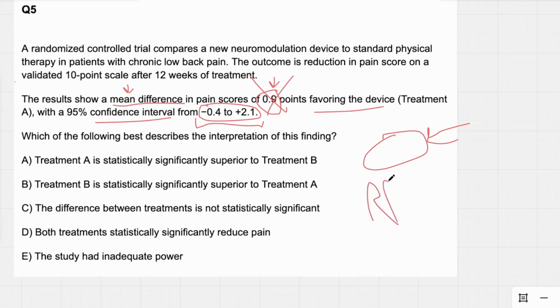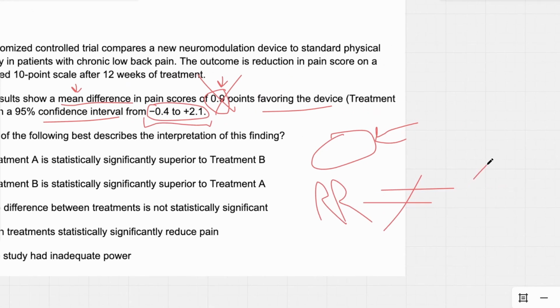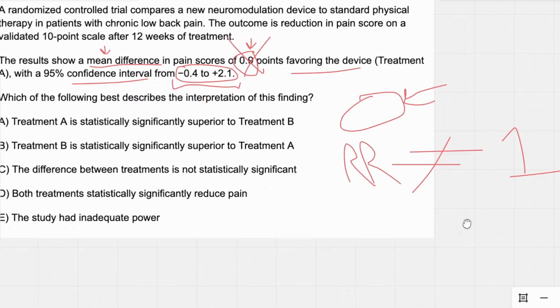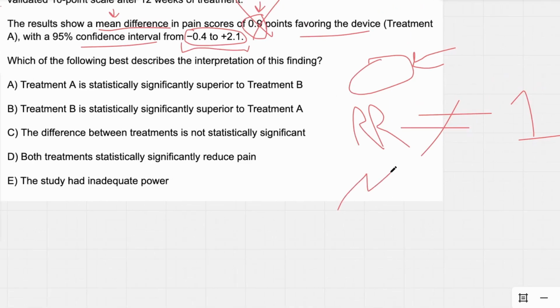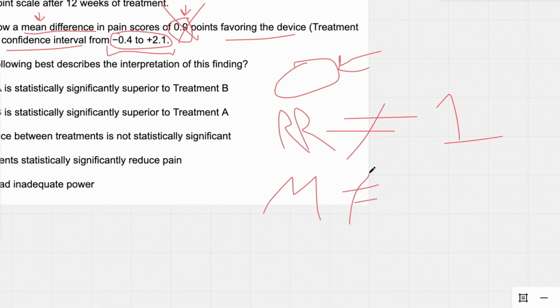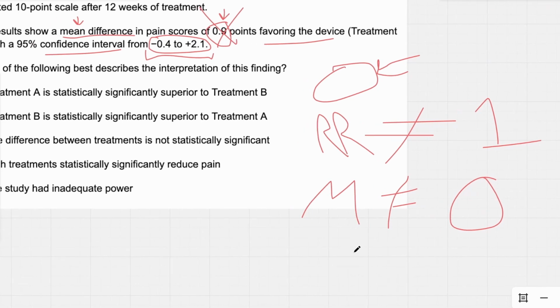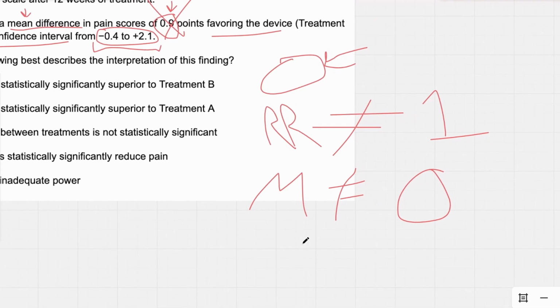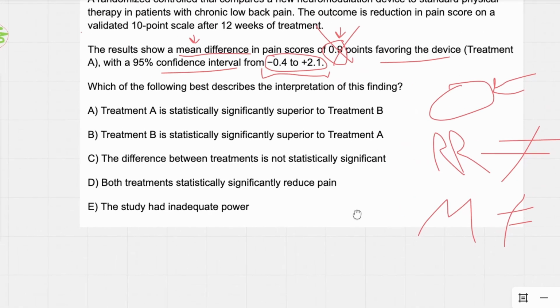So relative risk cannot cross 1 in the confidence interval. Means or averages cannot cross 0. And I bring this up because I have seen multiple questions like this where they ask you different ways. They'll show you a 0 or they'll show you a 1. You just need to understand that it can be either one depending on what the variables are that you're using.